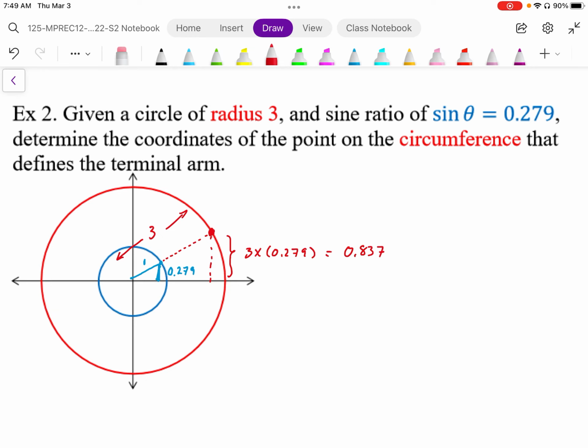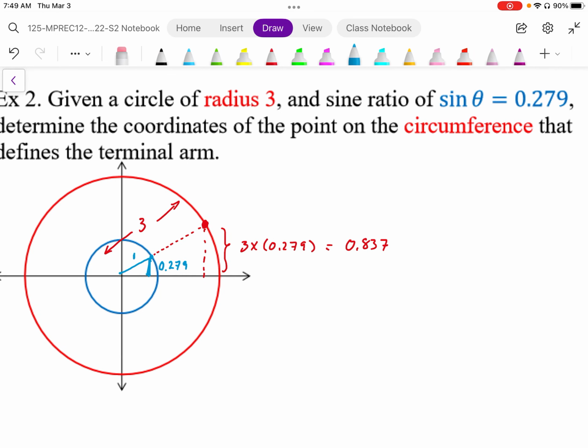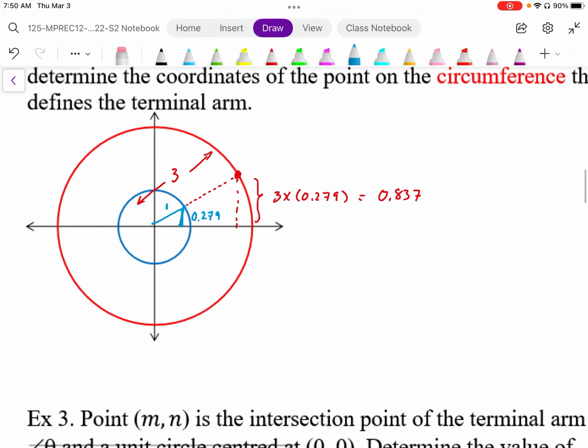The horizontal position we can get by Pythagoras. So we can use Pythagoras on that unit circle. We're going to go 1 squared minus 0.279 squared, and then square root that value, and we get 0.960. So using Pythagoras, we'll call that length x.